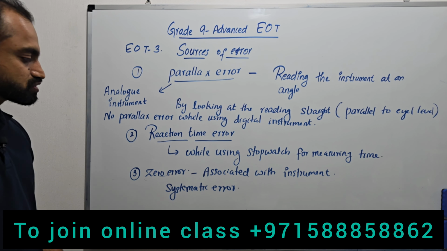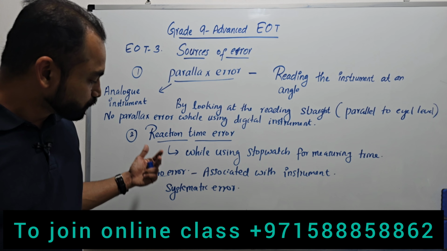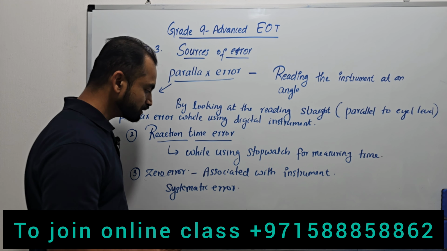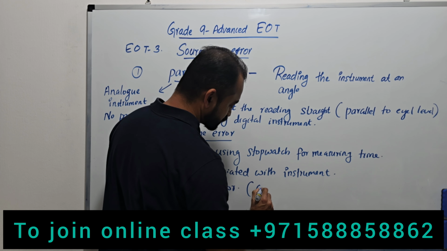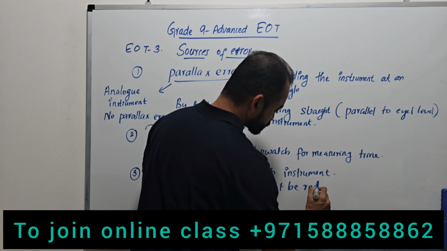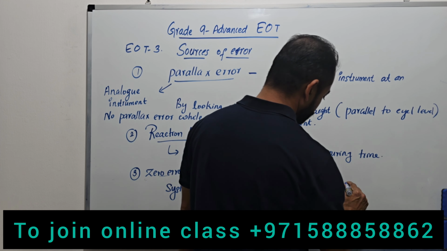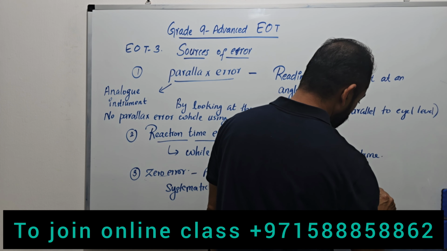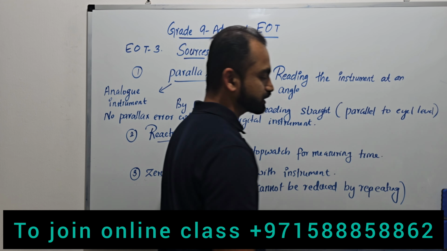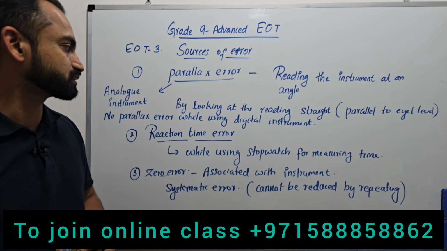To correct systematic error, we need to correct the machine. Systematic error cannot be reduced by repeating the measurement.